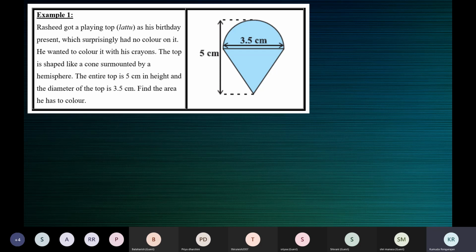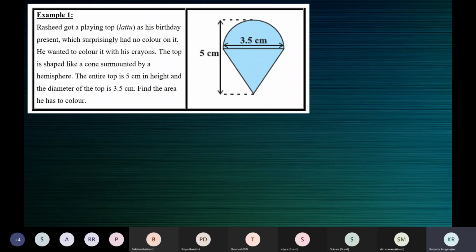Surmounted means on the top of the cone, there's a hemisphere. The entire top is 5 centimeters in height and the diameter of the top is 3.5 centimeters. Find the area he has to color.